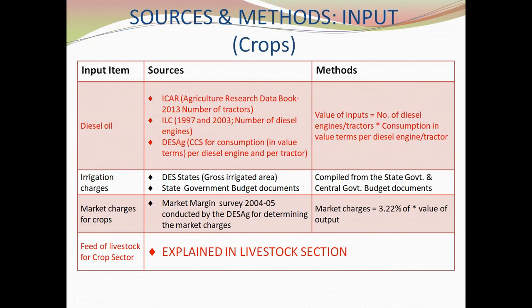In case of diesel oil, ICAR of the Ministry of Agriculture is providing the Agriculture Research Data Book 2013 for number of tractors.